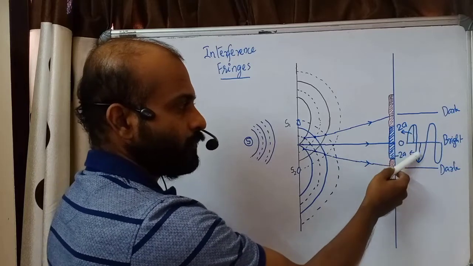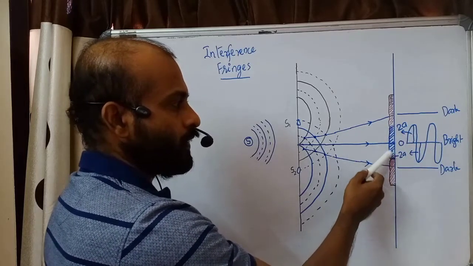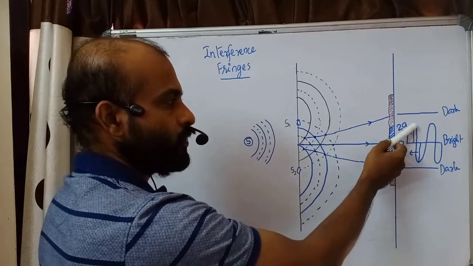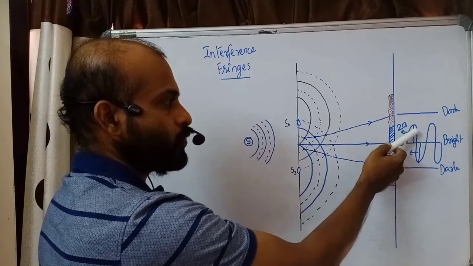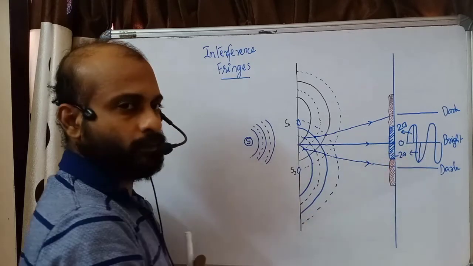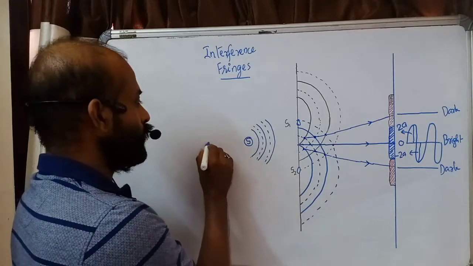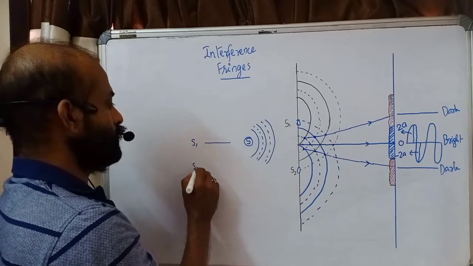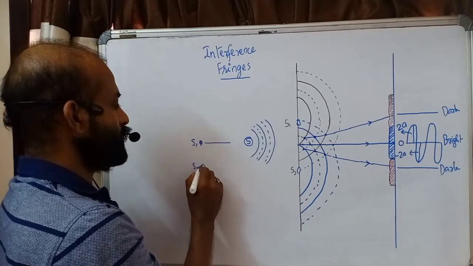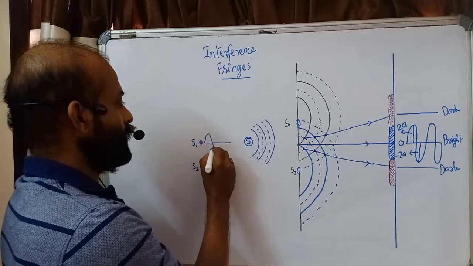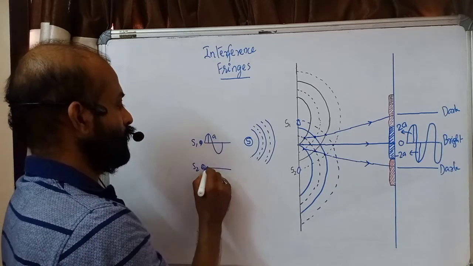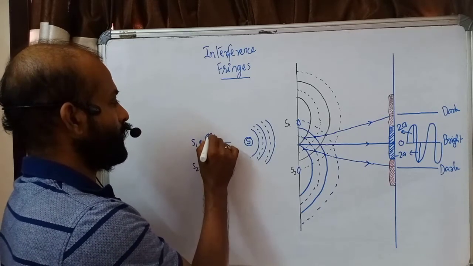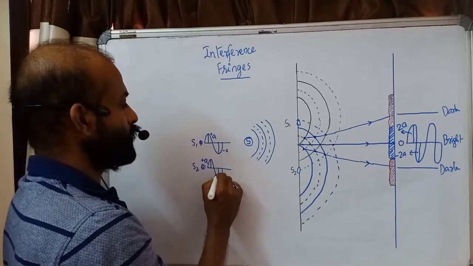So the waveform we can represent here. This point corresponds to constructive interference, and here we will have a bright region. For the bright region, what will be the amplitude? It will be a crest having amplitude plus 2A and a trough having amplitude minus 2A. Considering two sources of light, two slits, from S1 we have light of amplitude A, and from S2 we have light of the same amplitude, plus A corresponding to crest and minus A corresponding to trough.